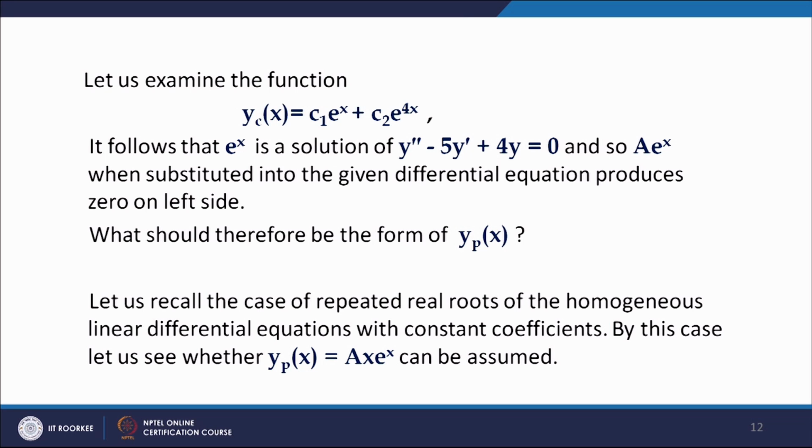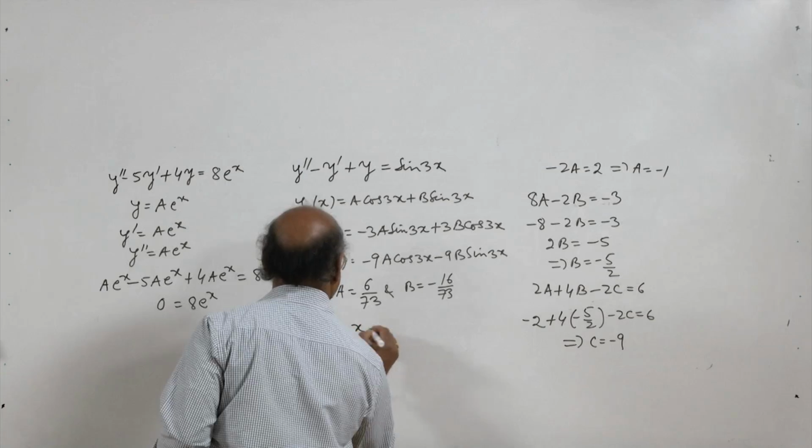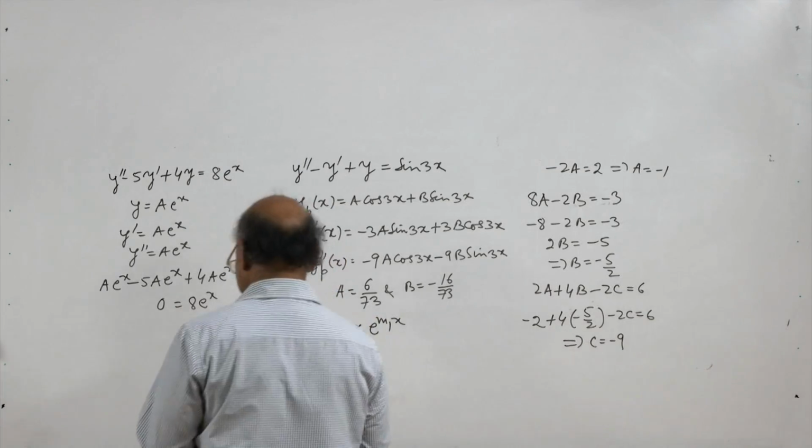This is the question. So, let us recall the case of repeated real roots of the homogeneous linear differential equation with constant coefficients. There we see that when the two roots are the same, if the value of m is equal to m1, which is repeated, then the two independent solutions of the homogeneous equation are e to the power m1 x and x times e to the power m1 x.